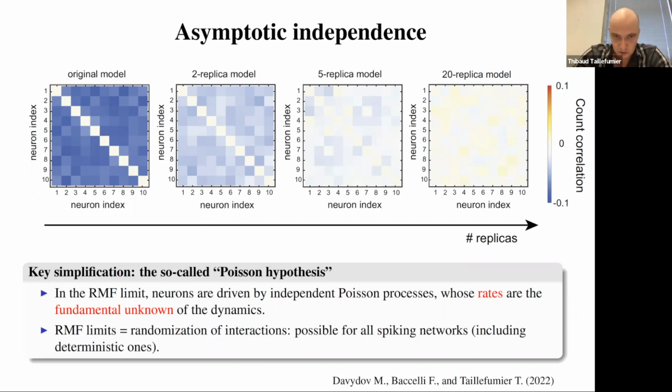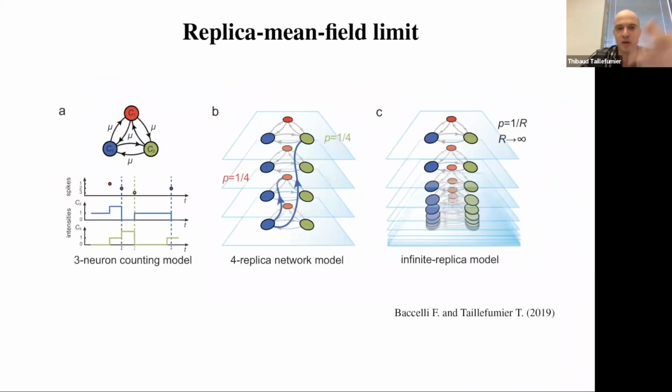So when you take this infinite size limit, not only do you experience input from other neurons independently, but you actually expect to experience the input as if it were delivered by a Poisson process. What I mean is that if you're a blue guy, or any guy actually, and you collect the input from all the red guys and average it over all the replica, it's as if you were receiving this from an independent red guy with one Poisson red.